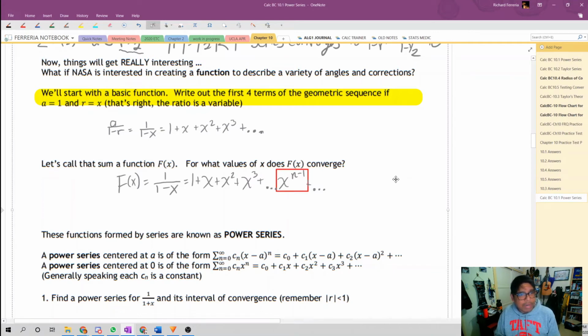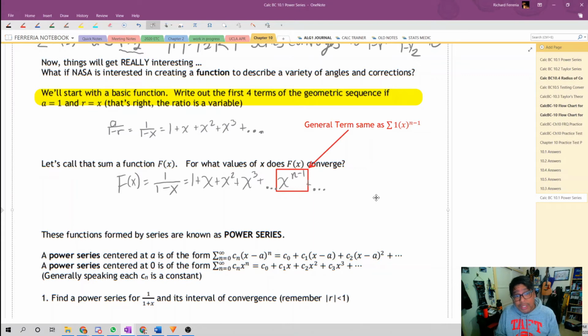This little bit right here just tells you what the form of the next term is going to be. We call this a general term, and it's the same thing as whatever we would put in the sigma notation. So in this case, 1 times x to the n minus 1, which is the same thing as x to the n minus 1.